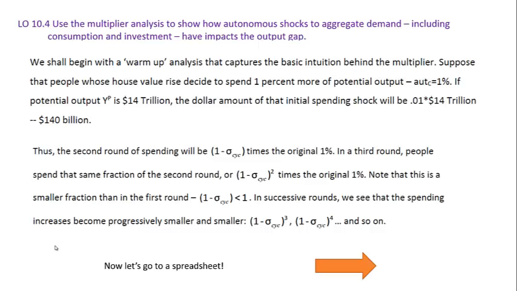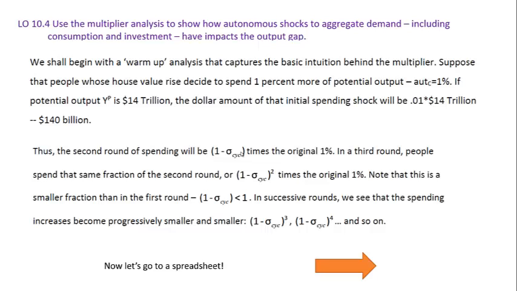But there are going to be subsequent rounds. In the second round, the people who receive that 140 billion are going to be spending some fraction less than the original 140 billion. Why? Because what we learned is that when people receive transitory income, and this is a kind of transitory income, this is not long run, they will spend some of it and they will save some of it. We're going to use the terminology sigma sick, which we learned in a previous chapter.